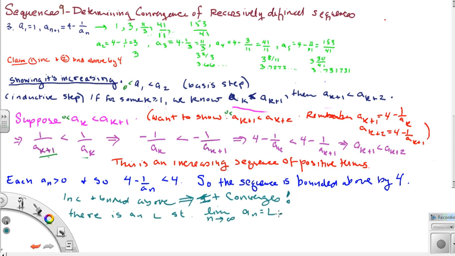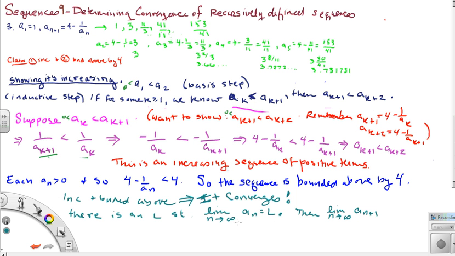But let's just think about this. If the limit as n goes to infinity of a_n equals L, then what is the limit as n goes to infinity of a_(n+1)?